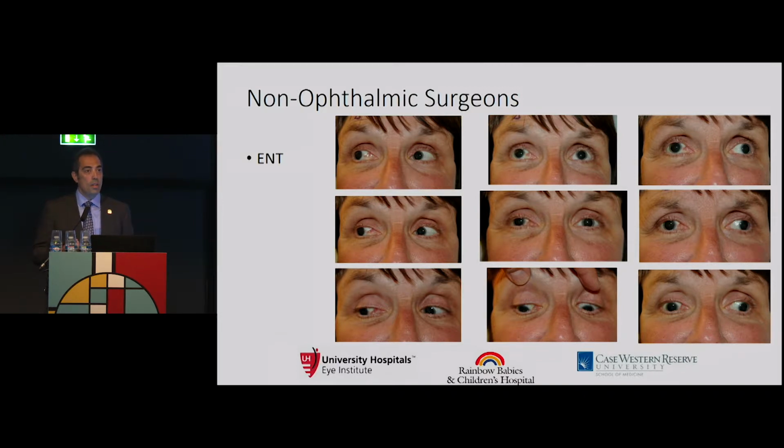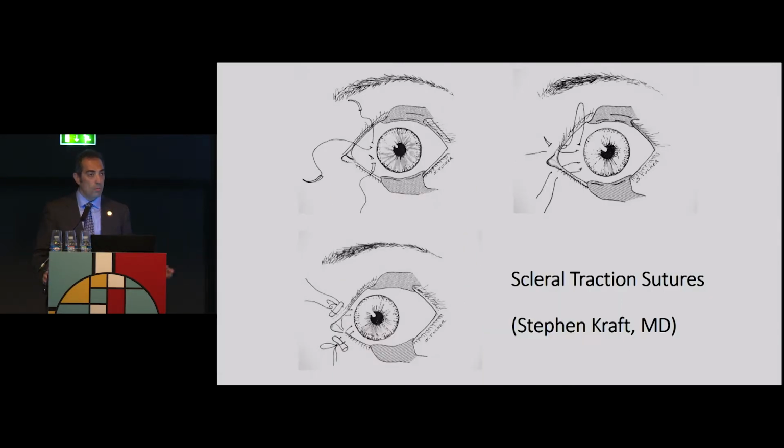What to do for these cases? I remember listening to a talk from Dr. Kraft from Toronto, Canada, where he said that in his series, as soon as he does these traction sutures, as you're seeing there, it at least keeps them in a gaze.